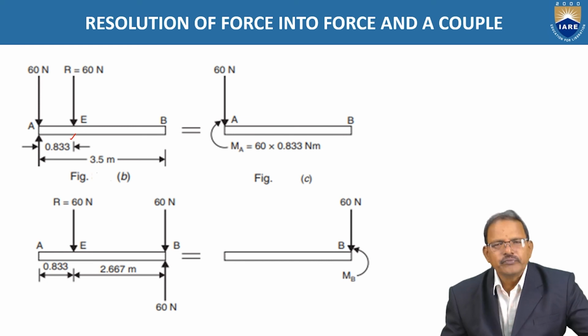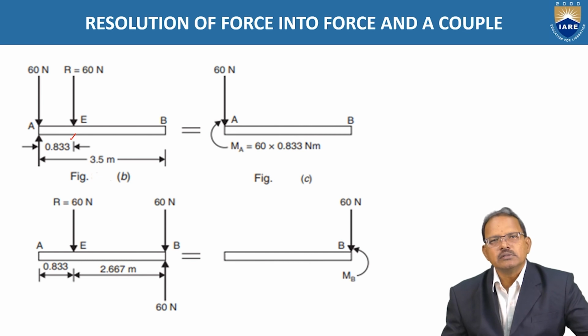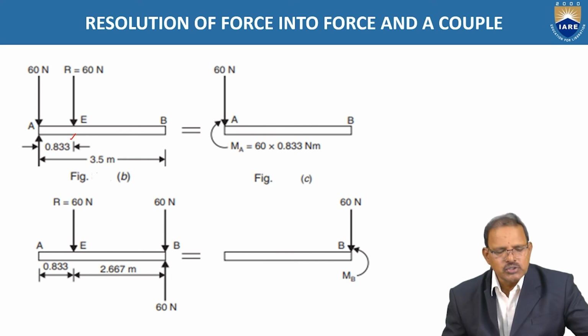At A, we substitute the values of forces, 60 newtons in the upward direction as well as the downward direction, such that the resultant force acting at A is equal to 0.